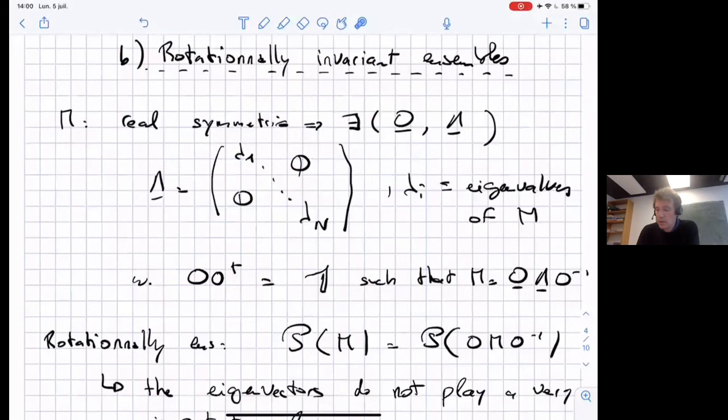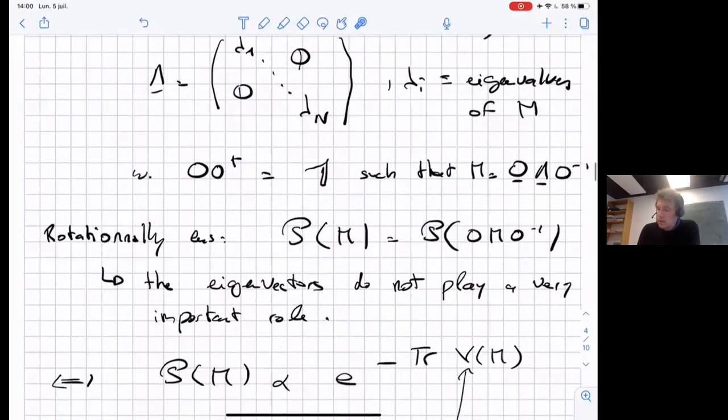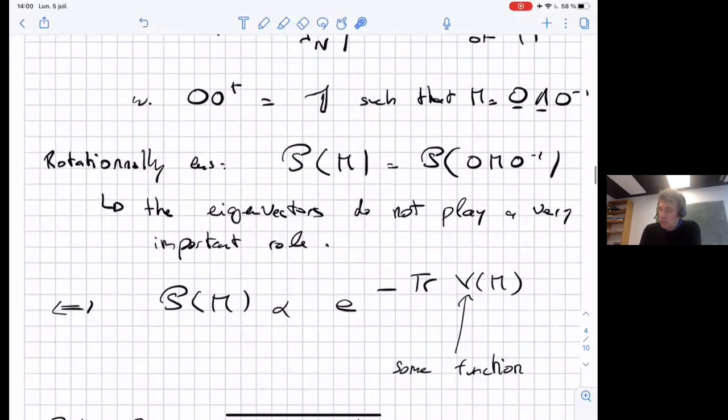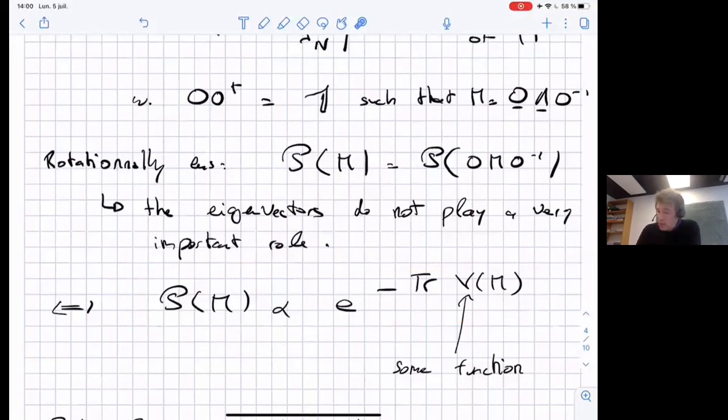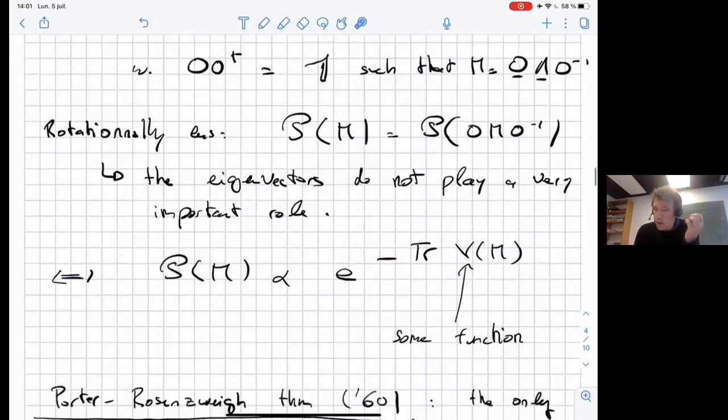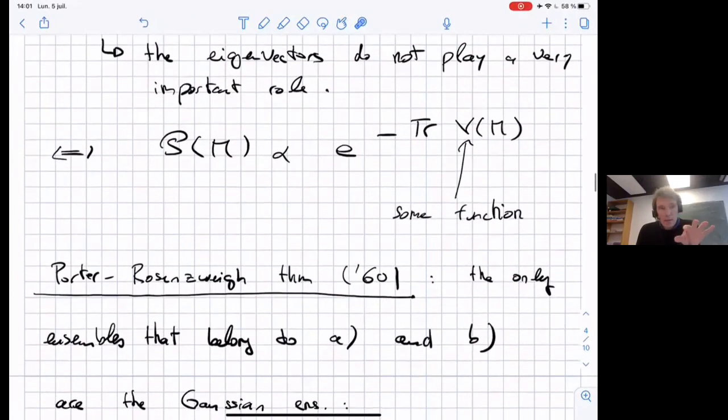That gives rise to probability measures which are rotationally invariant, in the sense that P of M and P of O M O minus 1, because of the trace here, obviously have the same probability weight.